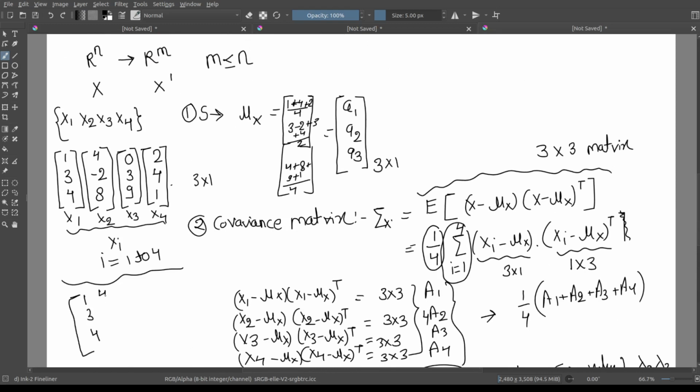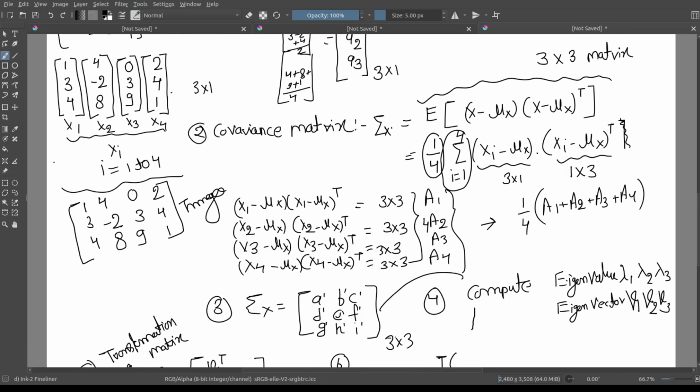I am taking the columns of this image and separately making them vectors. So you can assume this is the image.